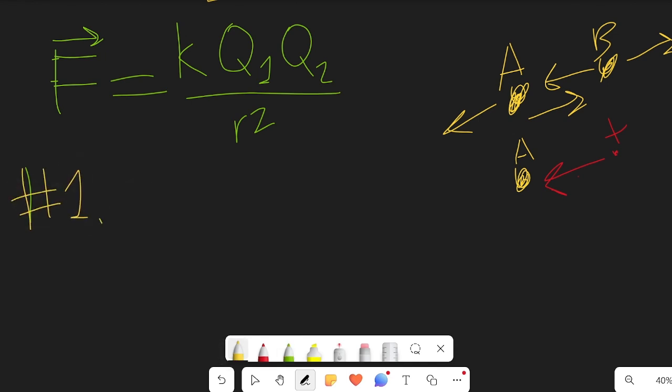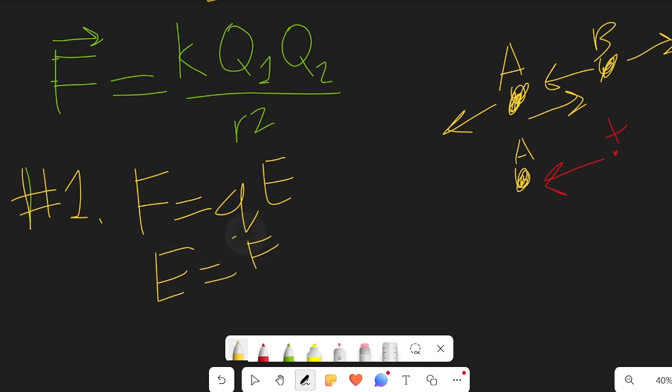So this is force equals Q times E, which in this case, our Q is going to be the charge of that tiny test charge, times E. So if we isolate E, we get that E is equal to our vector force, remember electric field is a vector, divided by charge.